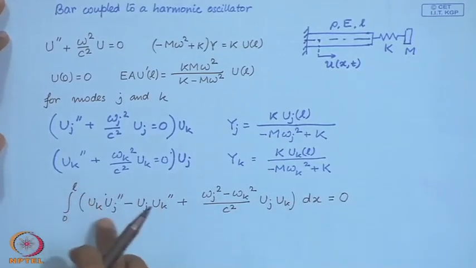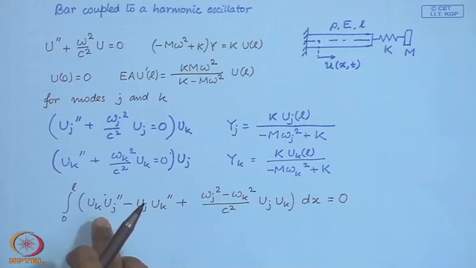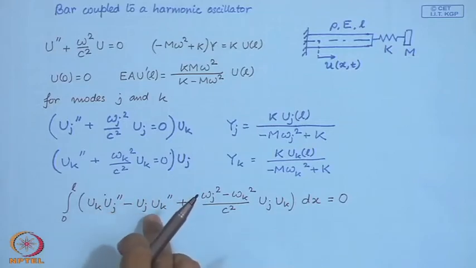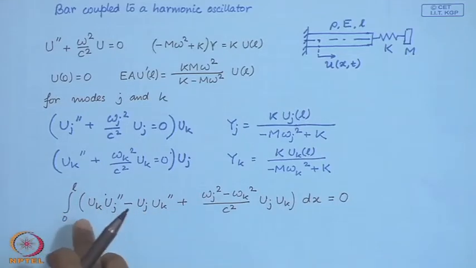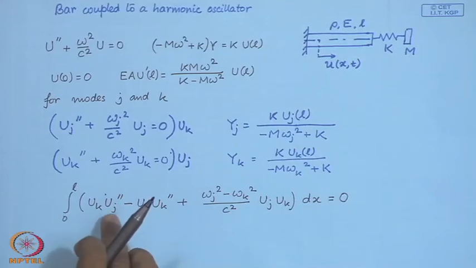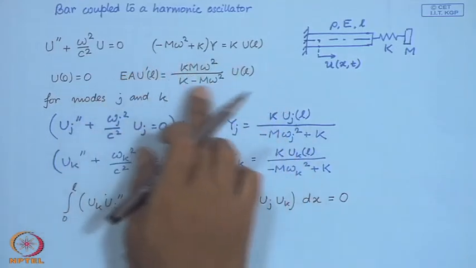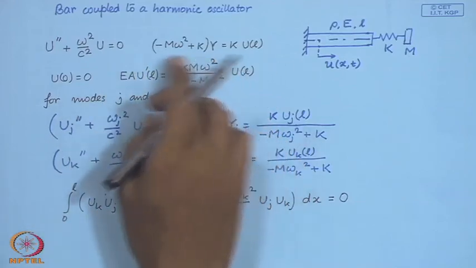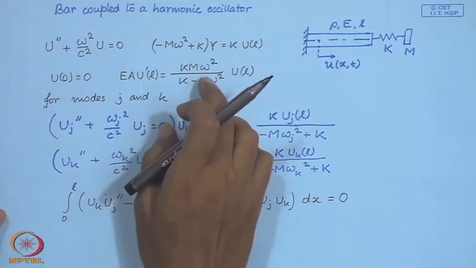So, we are integrating this term by parts 2 times. At the end of the integration by parts, this term will be exactly the same as this, so that will cancel off, but we will generate 2 boundary terms with single prime, and we have to use this boundary condition.